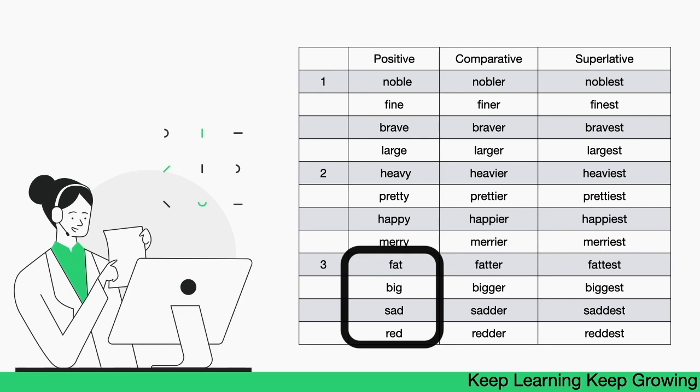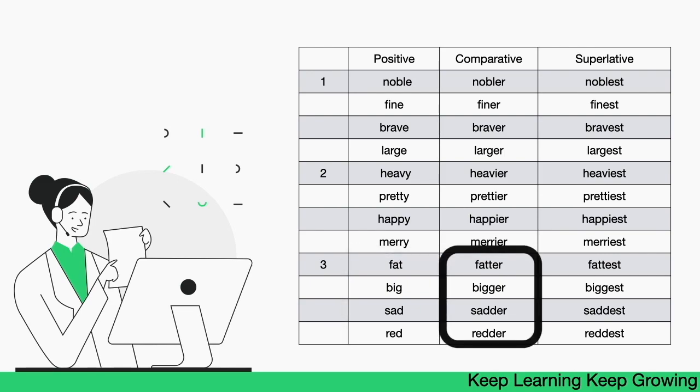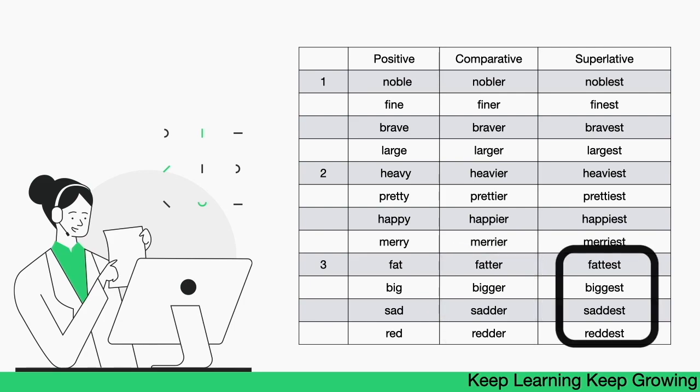Then the consonant is doubled before adding ER, before we make it comparative. And similarly, when we are making it superlative, we are adding just EST.